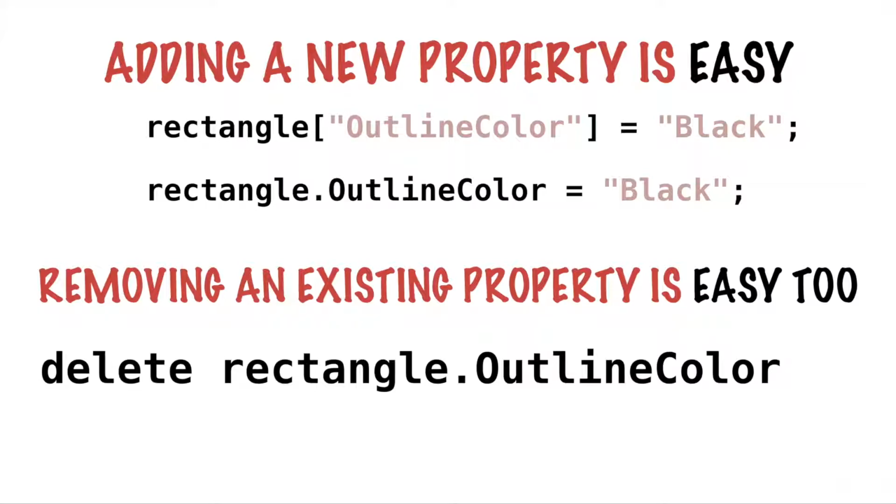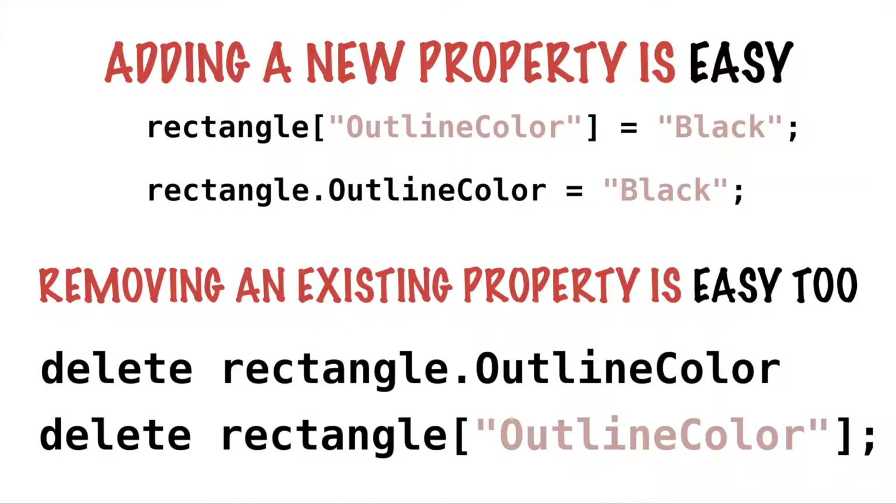Instead of saying delete rectangle dot outline color, you could say delete rectangle in square brackets, outline color in quotes. Both of these are valid and both of these are ways to remove a property from an object. Here, the outline color property is going to be removed from the rectangle object.